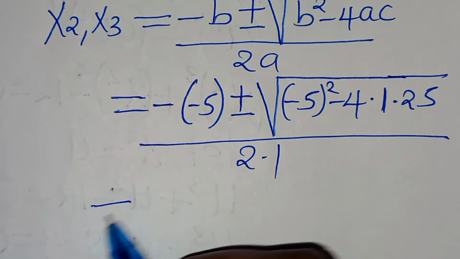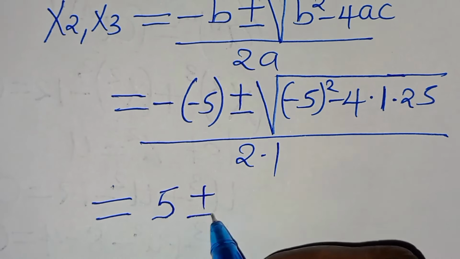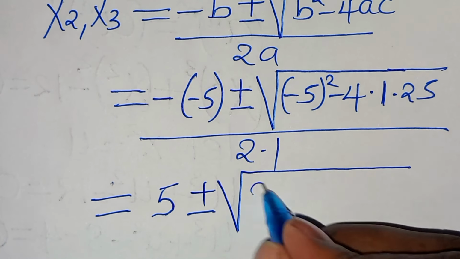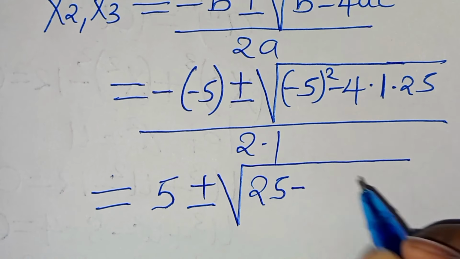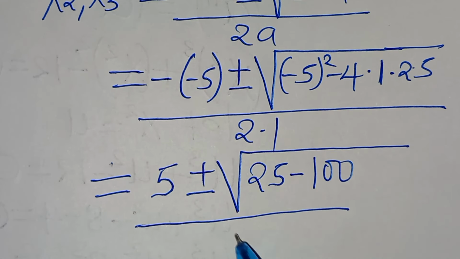So this implies we have minus times minus 5, this is 5, plus or minus the square root of minus 5 squared, this is 25, subtract 25 times 4, this is 100, everything divided by 2.